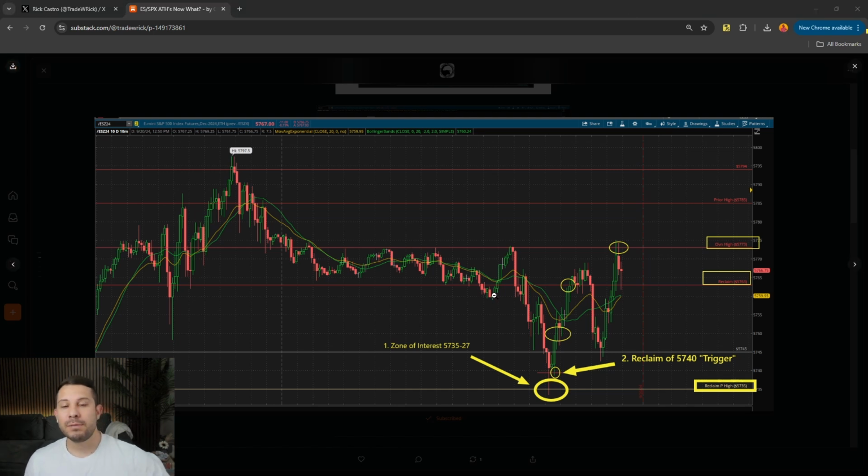Now, before we can even dive in and decide, you know what, this level is of interest, we need to understand why a level even captures my attention personally for my strategy. And it is always the origin of the move from that area, right? The origin of the move could be in the opposite direction of the way I'm looking to trade it or in direct correlation to the area I'm looking to trade it.